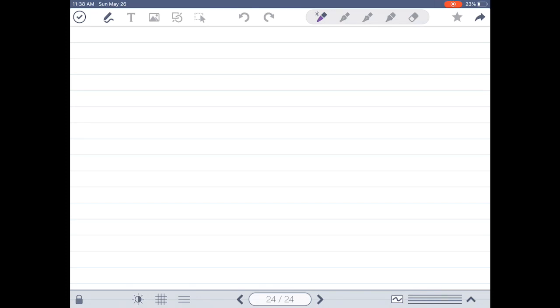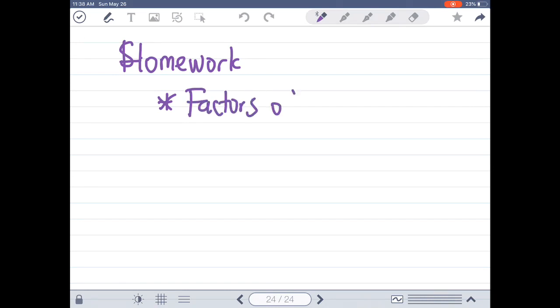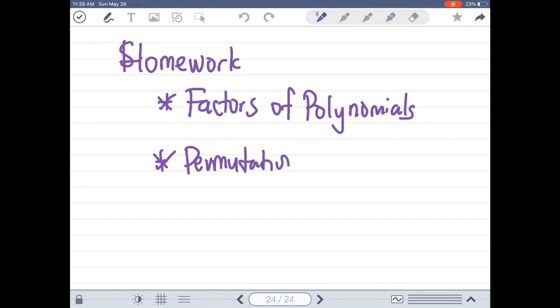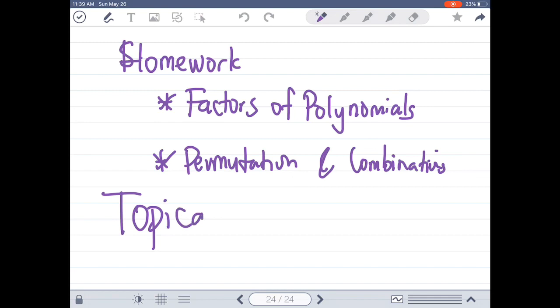So for your school holiday homework, please complete chapter factors of polynomials and also permutation and combinations from your topical past year workbook.